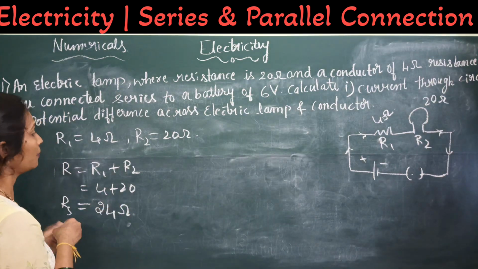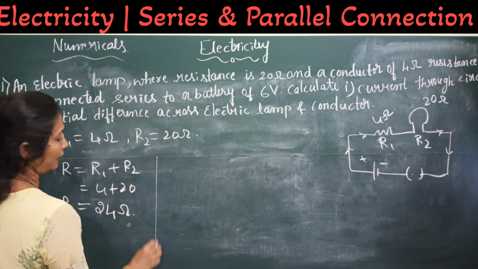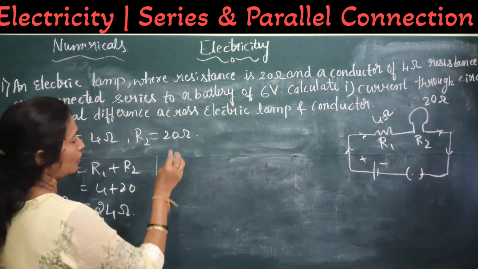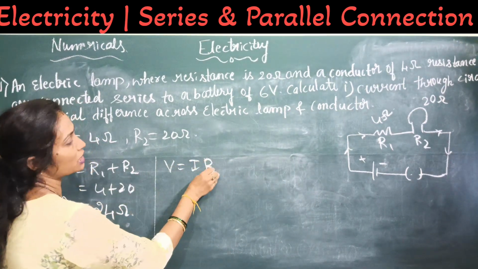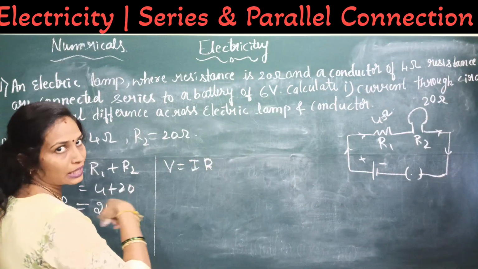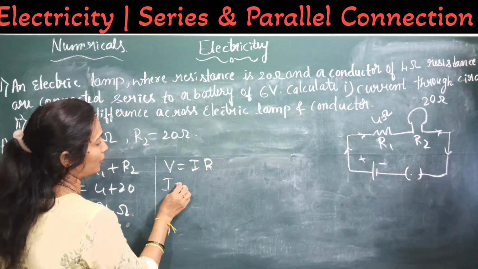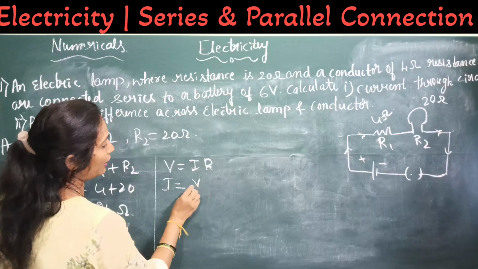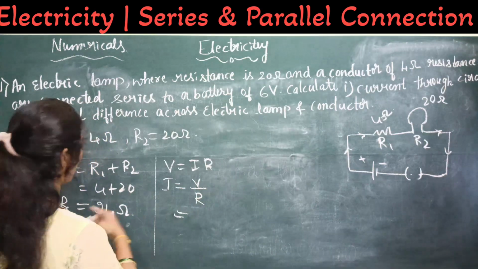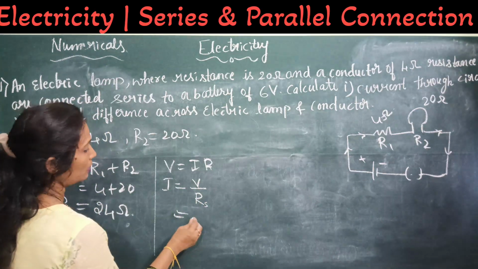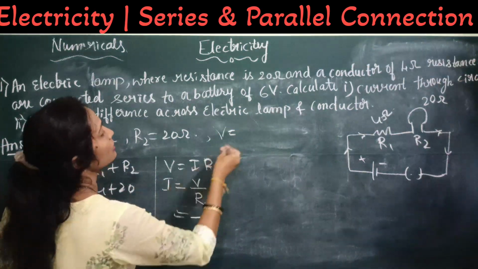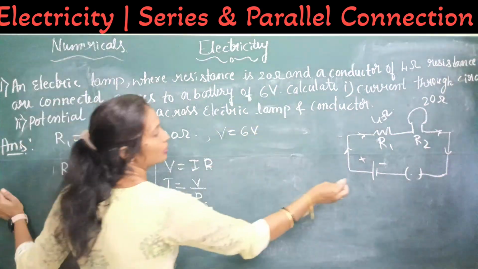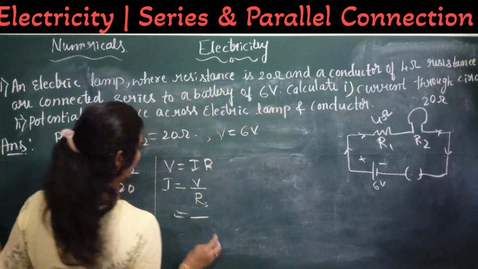This is very important. Now we need to calculate I. V is equal to what, guys? I into R. We don't know how much current is passing in the circuit. I is equal to what? V divided by R. What is R now? And what is V? What they had given? V is 6 volt.